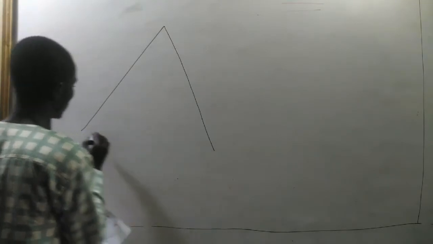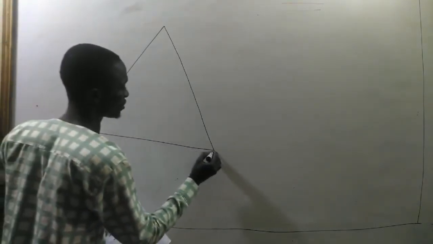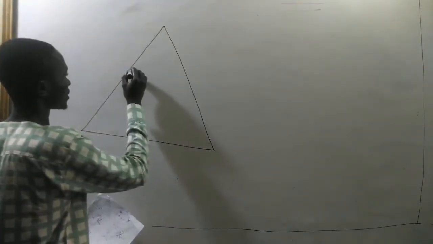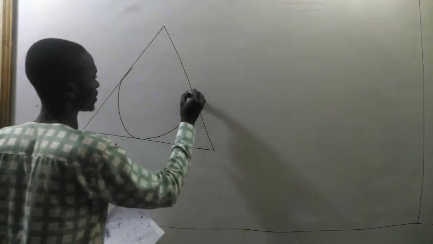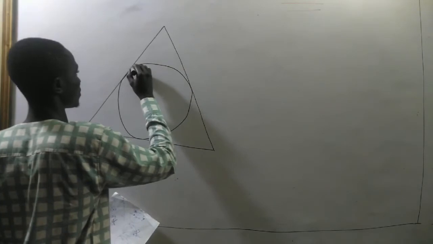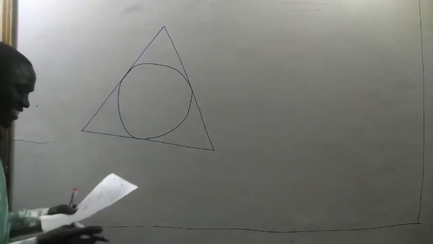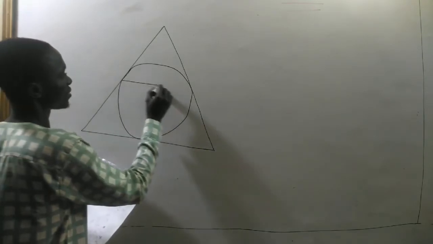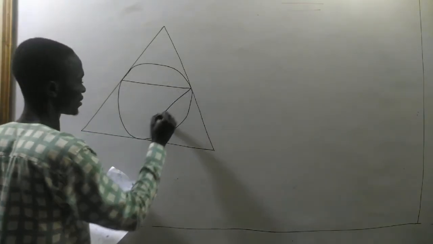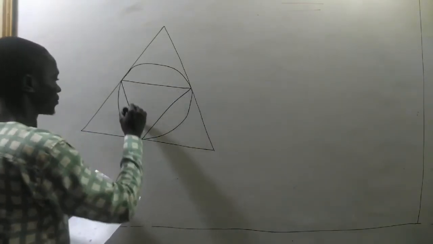So let me draw the triangle. Just accept my drawing as this. Let me inscribe the circle. Perfect. Just take my triangle and my circle as it is.